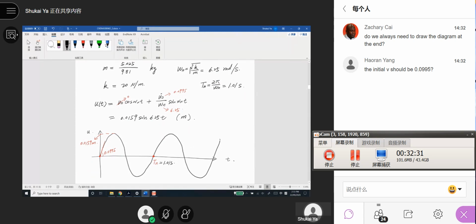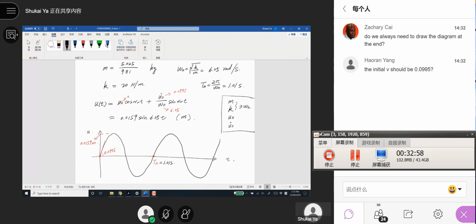It's pretty easy. Basically, you just need to know m, k, u0 and u0 dot. With these 4 values, for sure these values will determine omega n. With these 4 values, you can get the expression for the free vibration using the given expression.